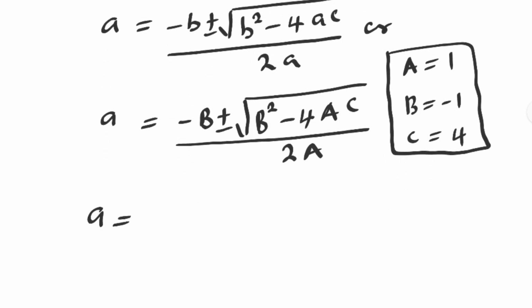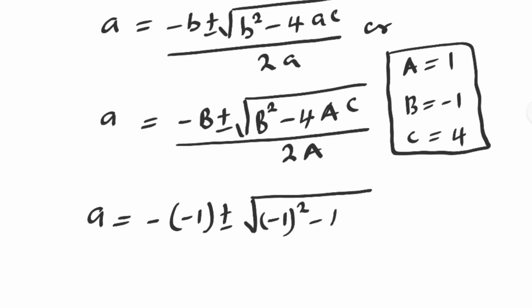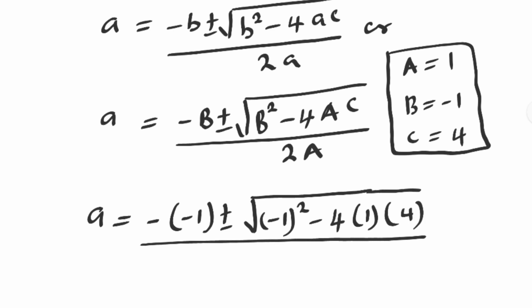A is equal to minus bracket minus 1, plus or minus square root of minus 1 all square, minus 4 multiplied by A is 1 multiplied by C is 4, all over 2 multiplied by A is 1.